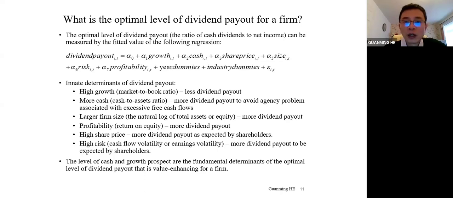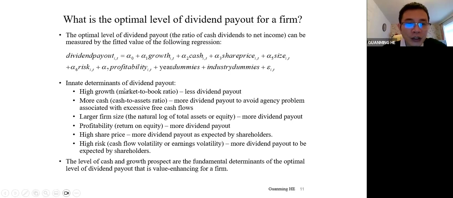And also the company can get the money on a timely basis from the stock market to make the important investment and to maintain its operational management in a good way. So to estimate the optimal level of the dividend payout, we can use this regression, in which we identify all the major determinants of the company's dividend payout.